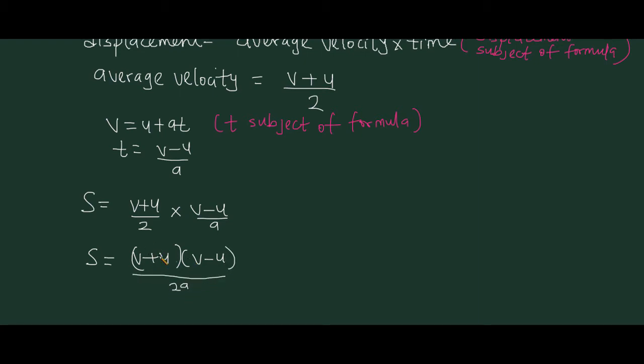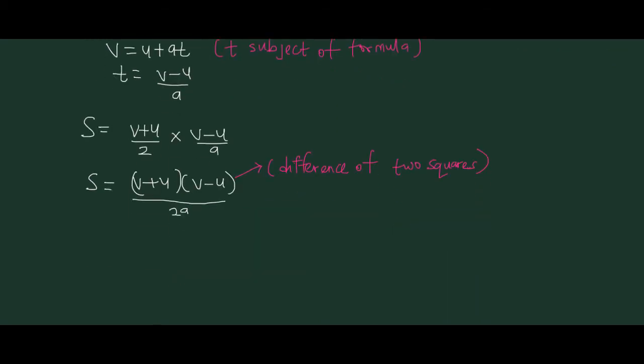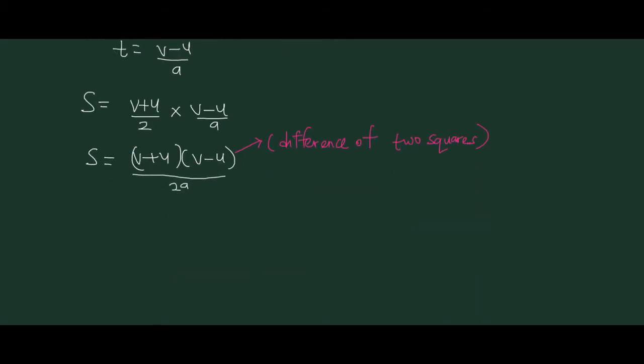I can easily deduce that this is a difference of two squares. In mathematics, we have this to be the difference of two squares. Solving this by multiplying would give us the formula of the difference of two squares.